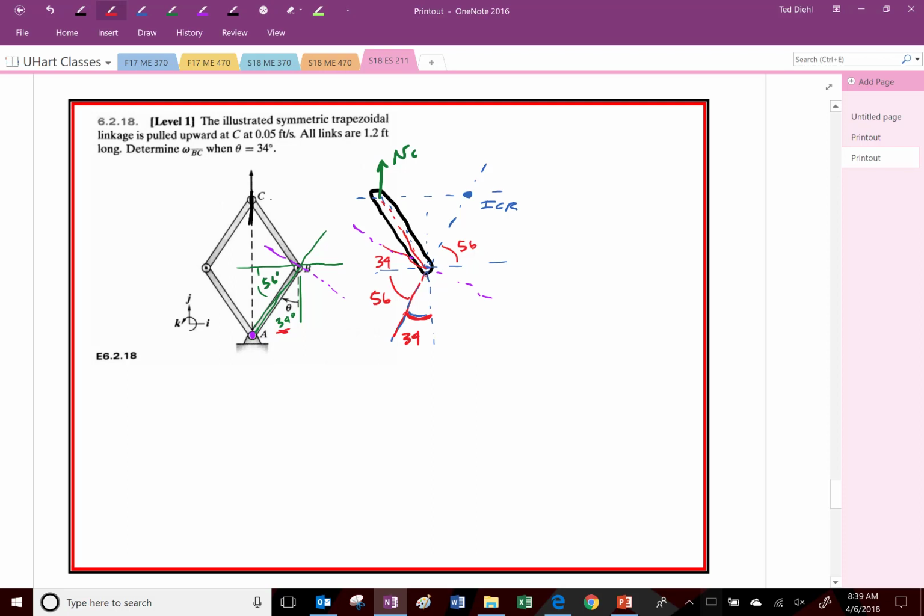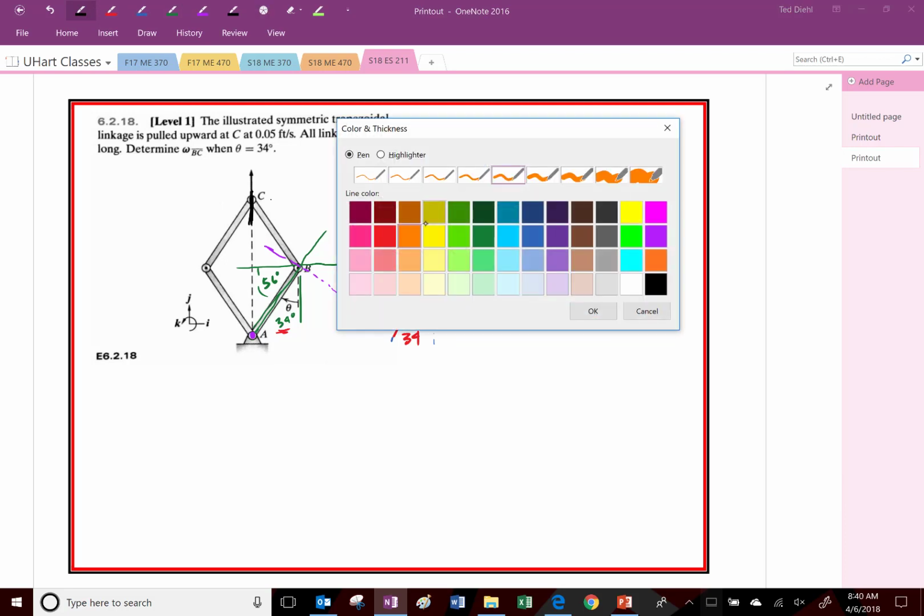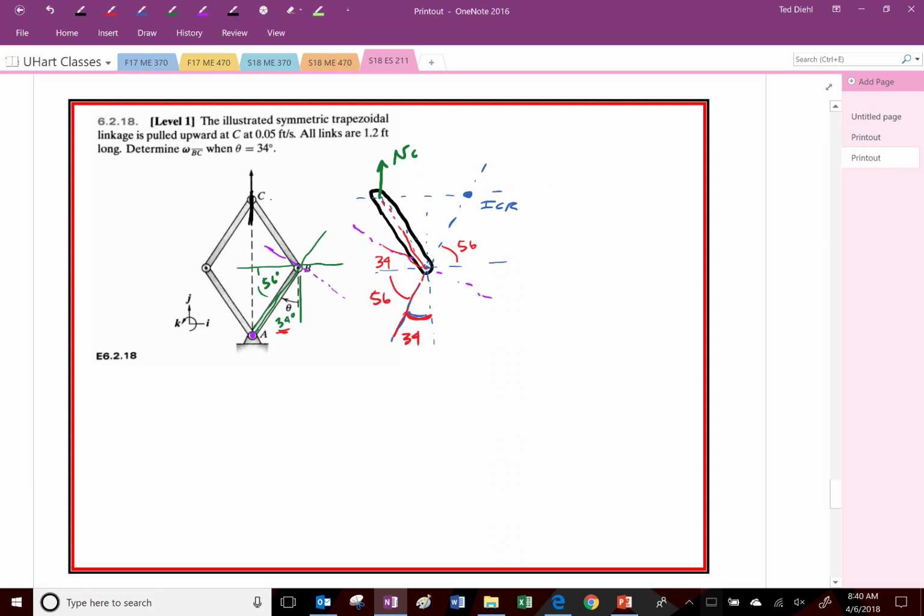What I really want to try to find is, I'm running out of colors here. I have used blue, purple, green, and red. Maybe I'll use orange. There you go. I really want to find this angle right here. So do whatever it takes to be able to find that angle. And I'm losing my mind right now.